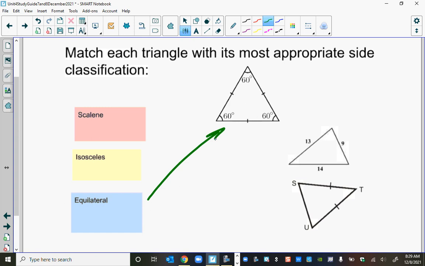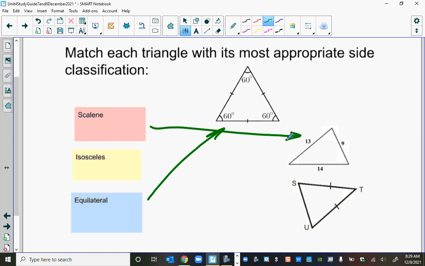What about the middle triangle? The 13, the 9, and the 14. It's either going to be isosceles or scalene. You can tell us. Why scalene? Perfect.